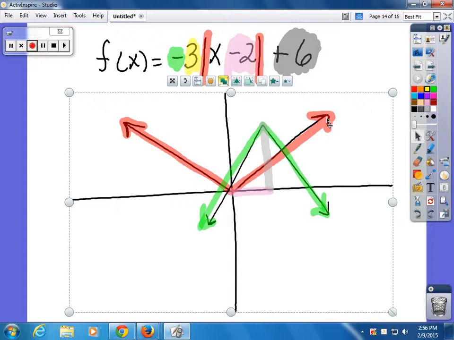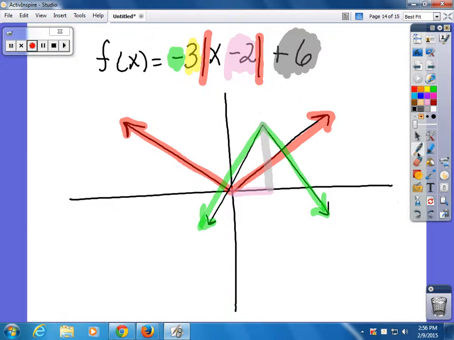Now, the reason it is, and I'm not going to go into it too much, is the application. The intercept form of all functions follows this. F of x is equal to a times whatever, the absolute value or parentheses. It's really supposed to be x minus h.